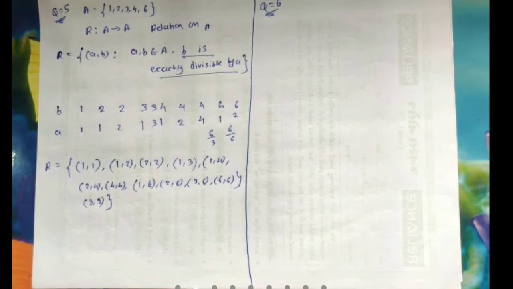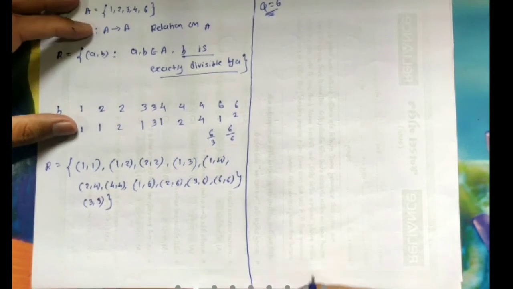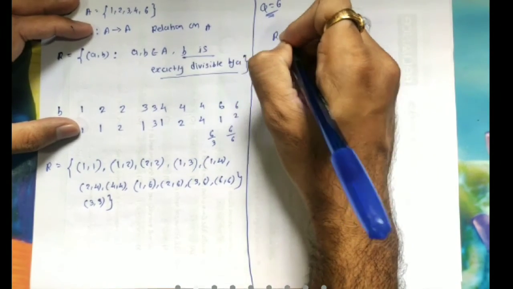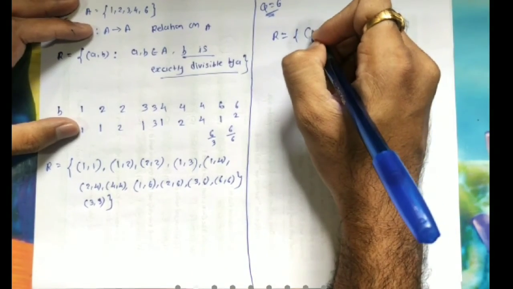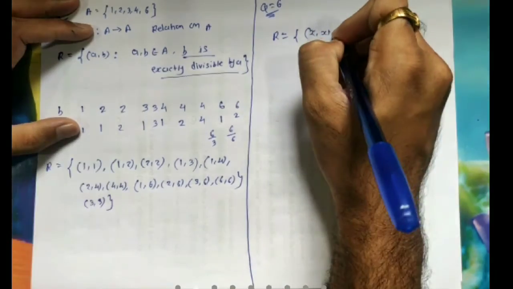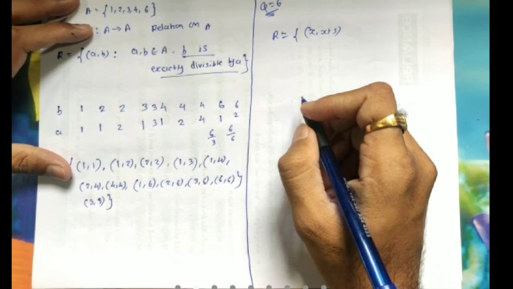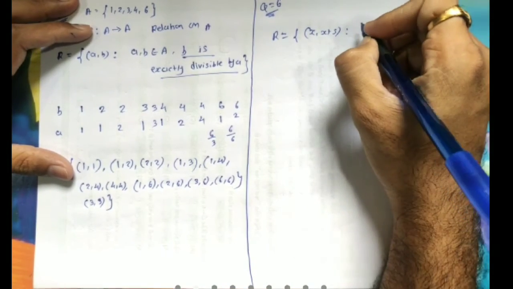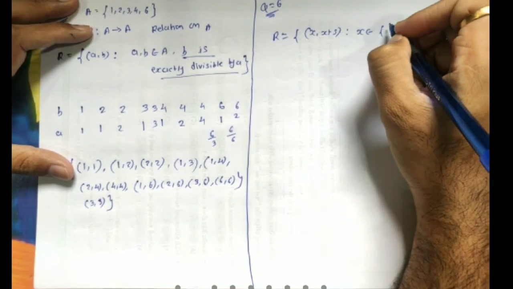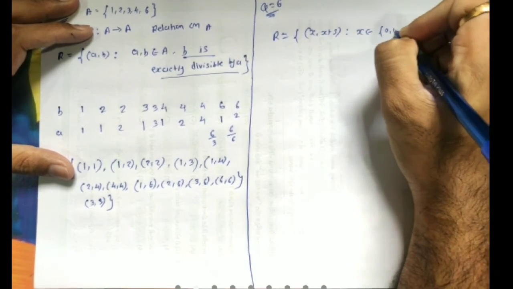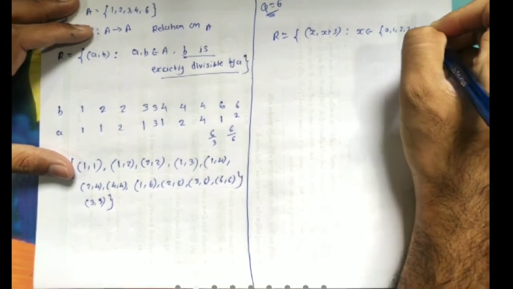Now the next question is question number 6. So what are we given in question number 6? Determine the domain and range of the relation R defined by... Domain and range we have to find. Relation R is given: R equals the ordered pairs (x, x plus 5), where x belongs to the set {0, 1, 2, 3, 4, 5}.